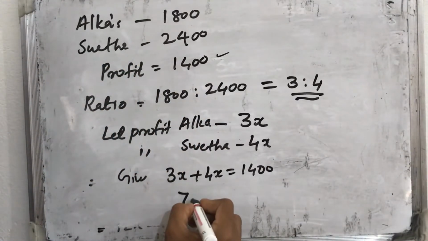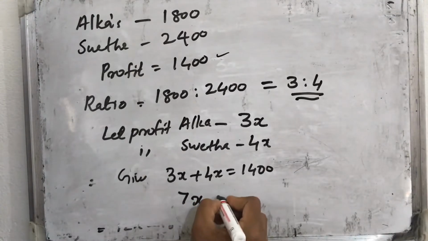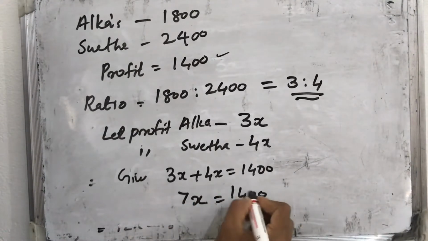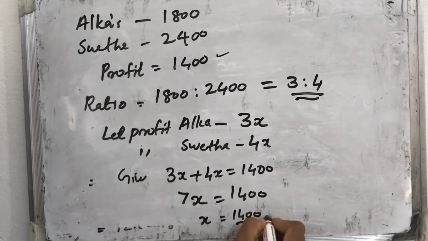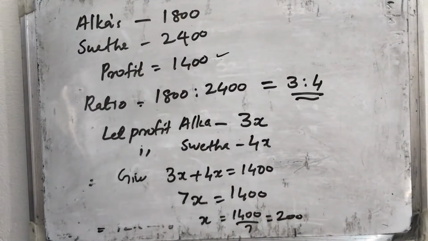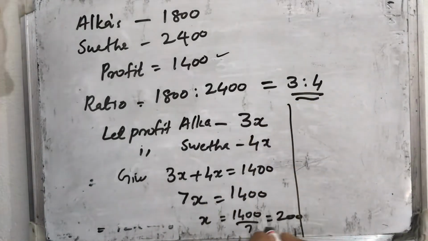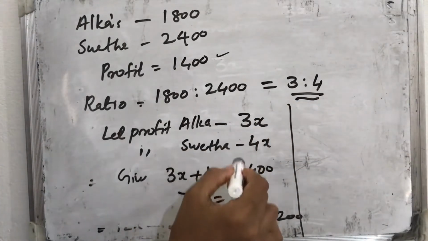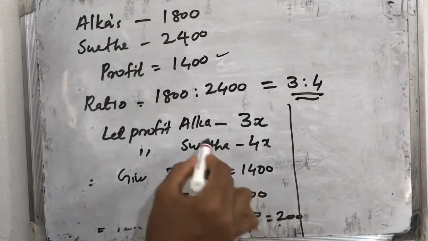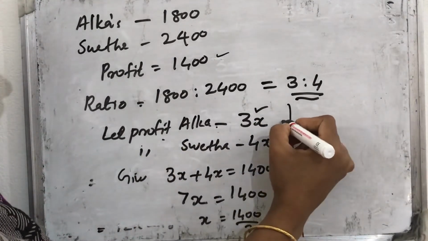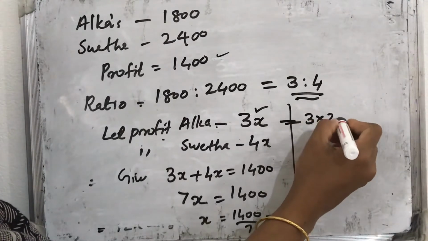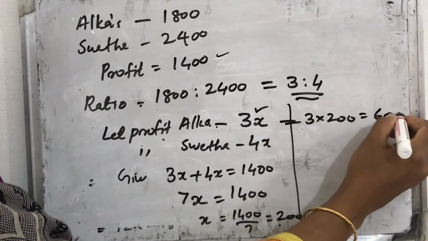By simplification, 3x plus 4x is 7x. 7x equals 1,400. x is equal to 1,400 divided by 7, that is 200. We found only x, so substitute the value here. Alga's profit will be 3 into 200, that is 600.